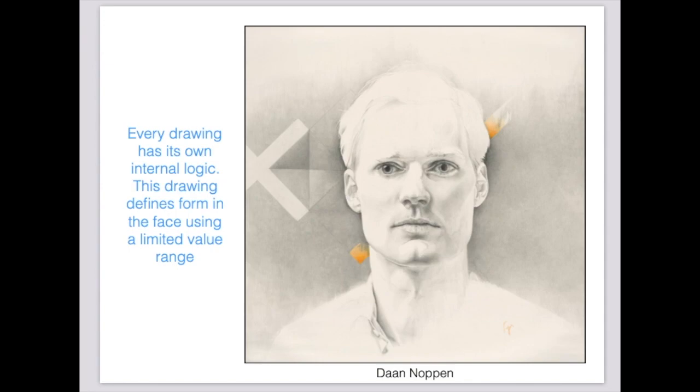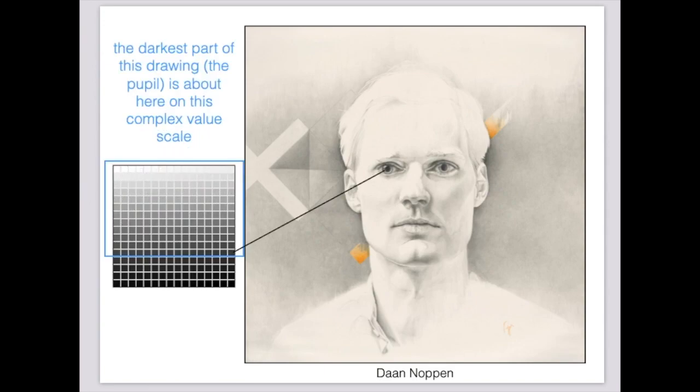Okay, and when working with value, something to keep in mind is that every drawing has its own internal logic. So this drawing defines form in the face using a limited value range, right? So if we think about this complex value range, it's not ever going to get down to this blackest black here.